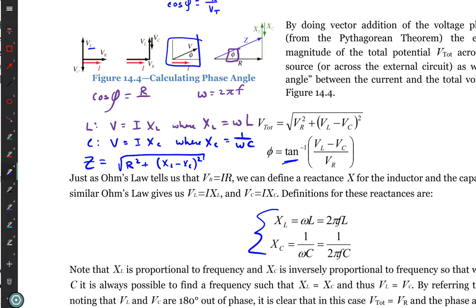It has the metal core because it increases the inductance. But when I put a current in there, it creates a magnetic field. There is actually a physical rotation of the magnetic dipoles in the metal, and that takes work. And then when I reverse the current, there's a physical rotation to rotate the other direction. It takes more work. So there is some energy loss because I have that metal core.